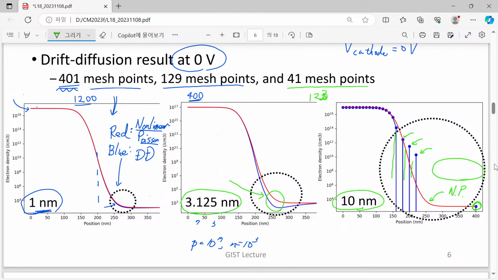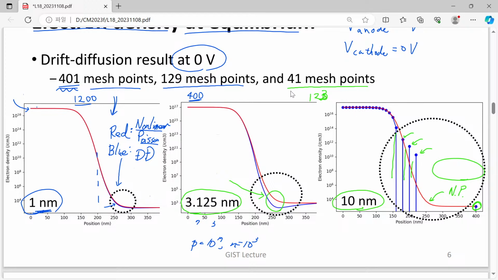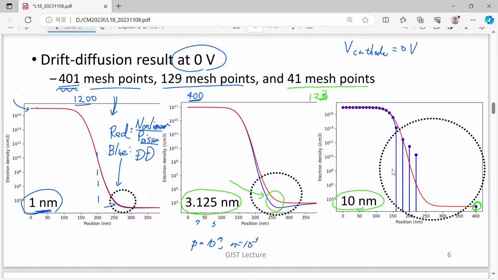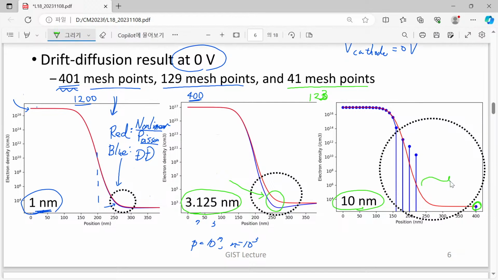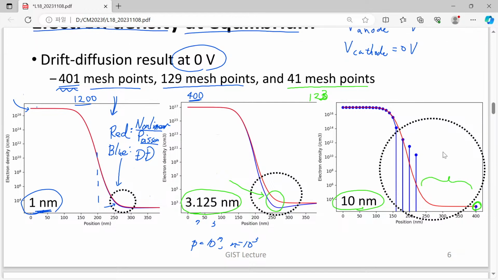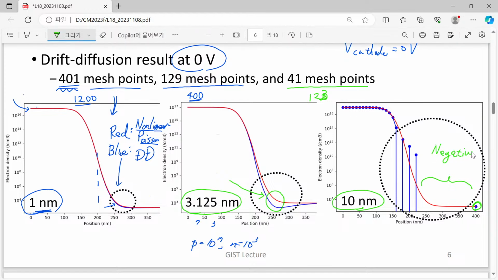What happens in this graph is, at this point you have negative electron density, and here you have a midpoint, and here you have a midpoint, and here you have a midpoint.